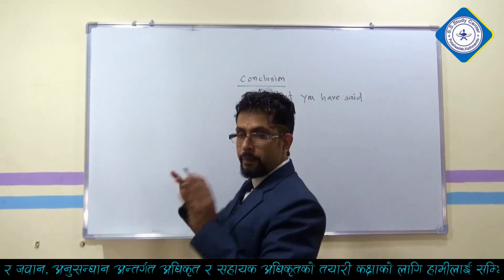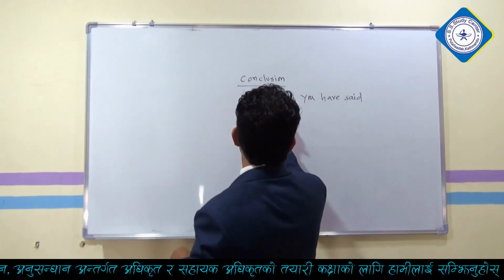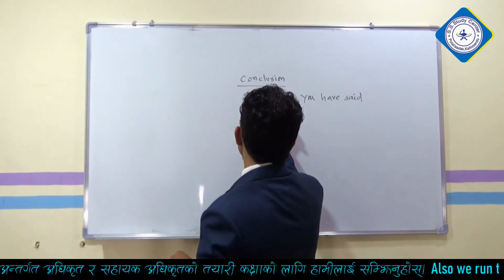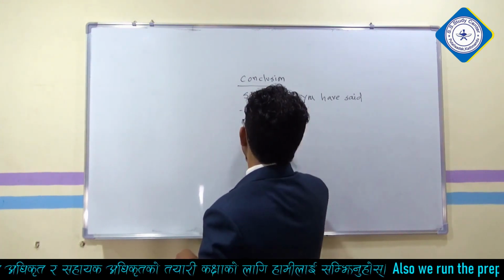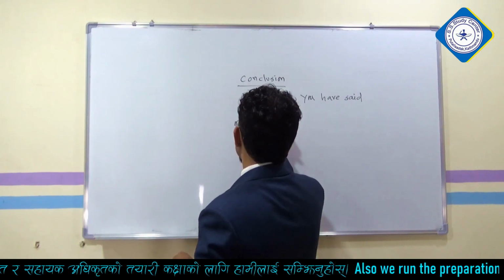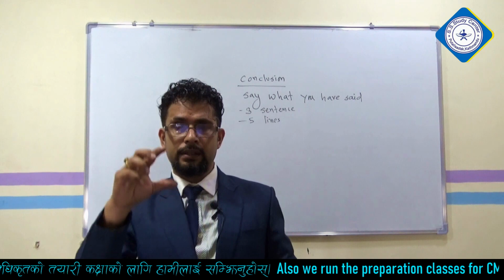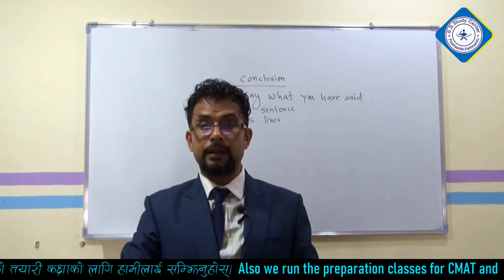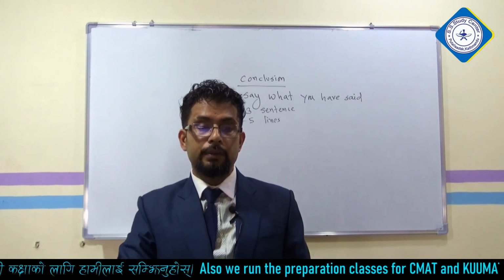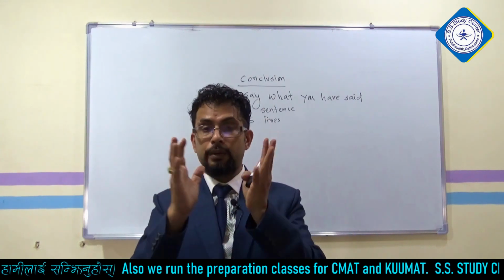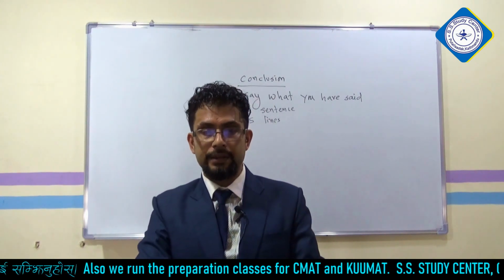So it is like wrapping up. You can wrap it up in 3 sentences and maximum 5 lines. If your handwriting is larger, then it may take 6 lines, but make sure you will be concluding it within 4 to 5 lines.